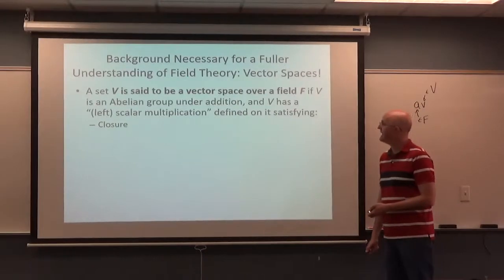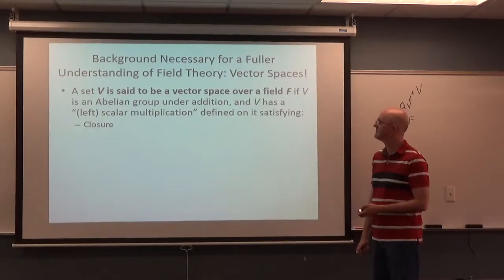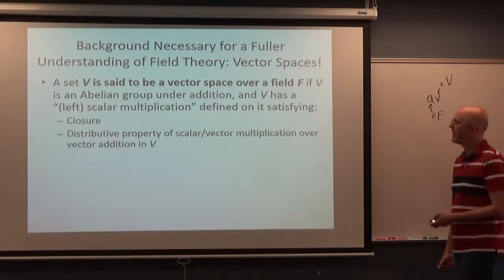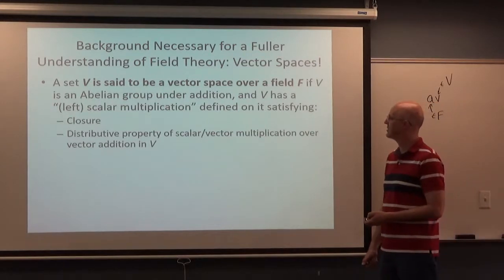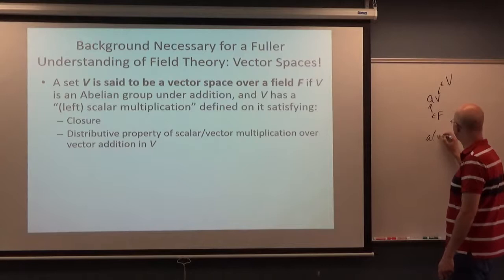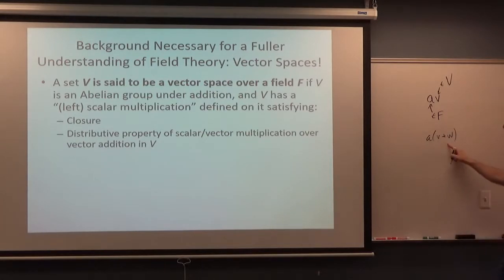The scalar multiplication satisfies closure, as you would hope. Distributive property of scalar slash vector multiplication over vector addition. I mentioned in the last video that when you say over vector addition, that means you are adding the vectors. And the distributive property in that case looks like this.